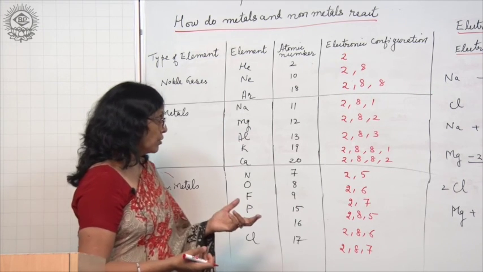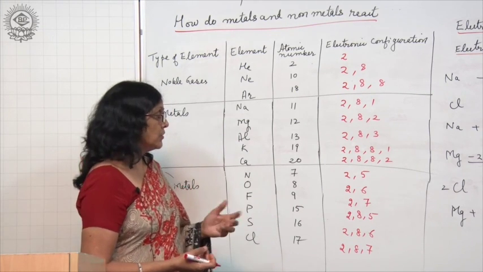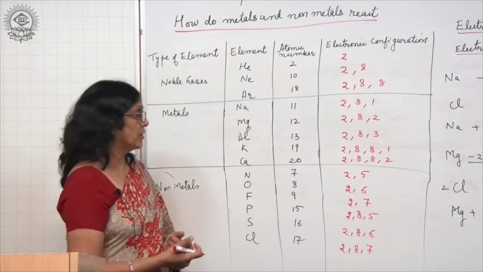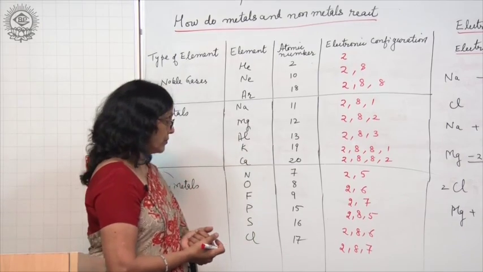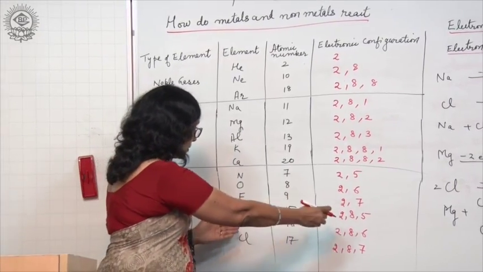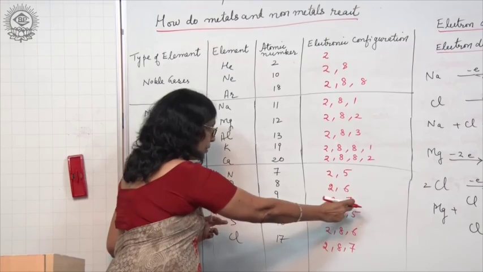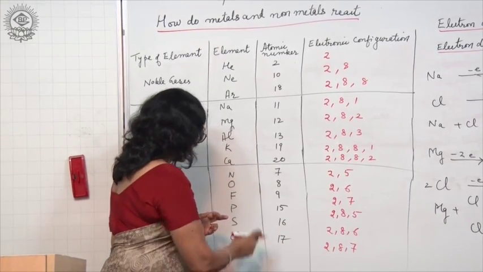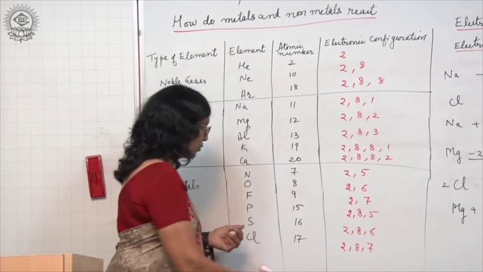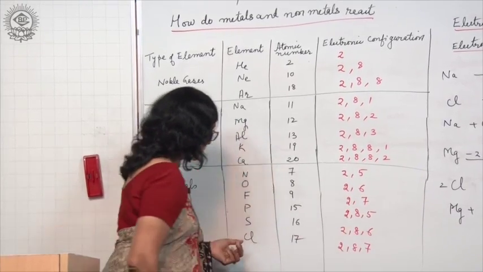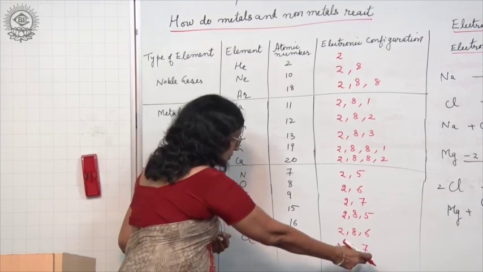So, to complete the octet, or we can say to complete the inert gas configuration, oxygen also needs 2 electrons. Same is the case with all. Fluorine also has 1 electron less, phosphorus also has 3 electrons less, sulfur also has 2 electrons less, chlorine also has 1 electron less.